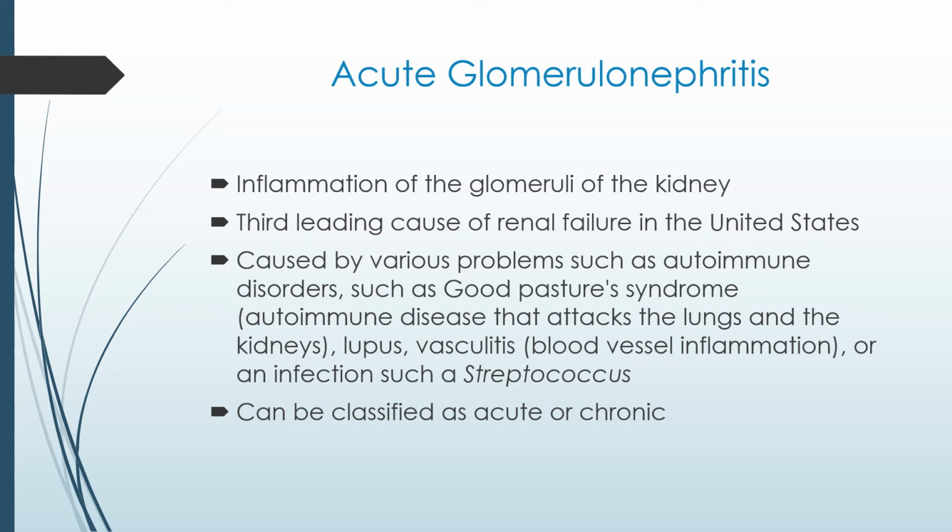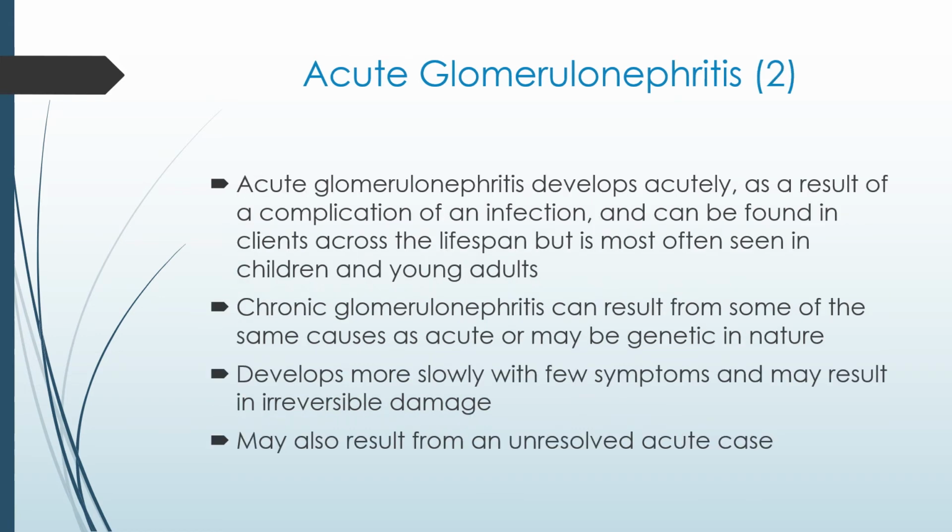It can be classified as acute or chronic. Acute glomerulonephritis will develop acutely as a result of a complication of an infection and can be found in clients across the lifespan, but it is most often seen in children and young adults, and this is because of hygiene.